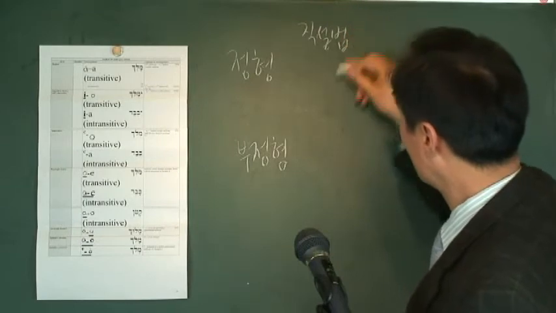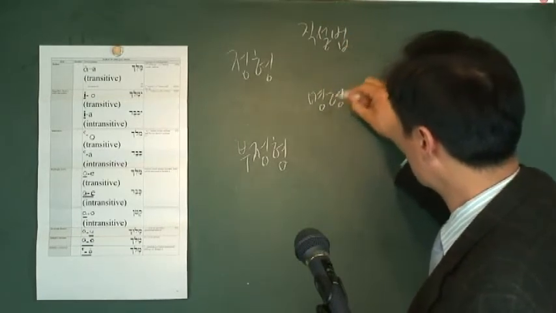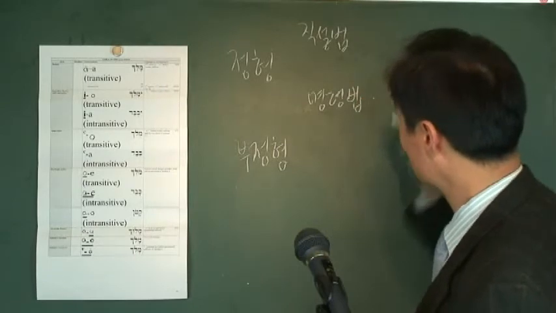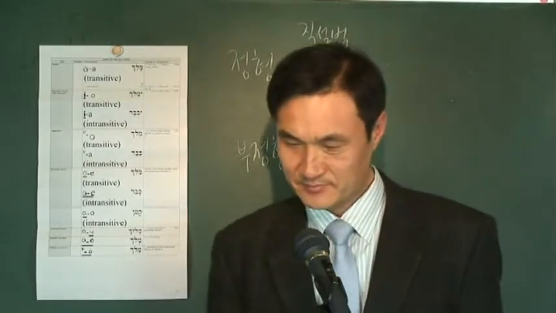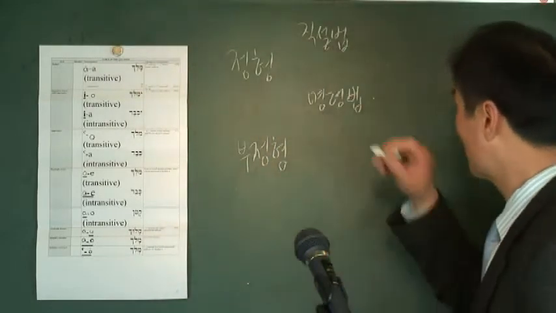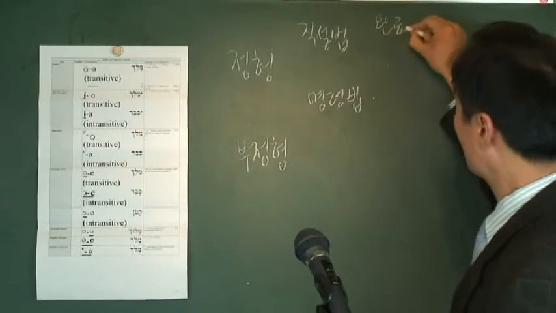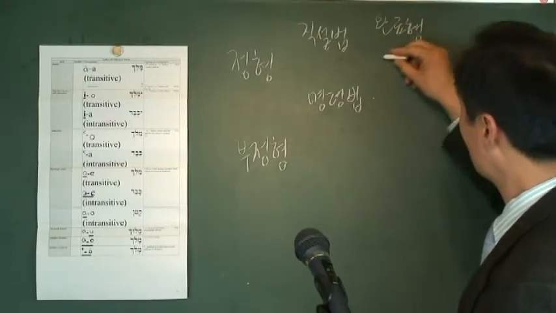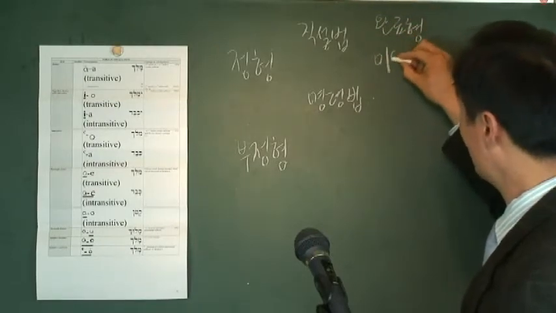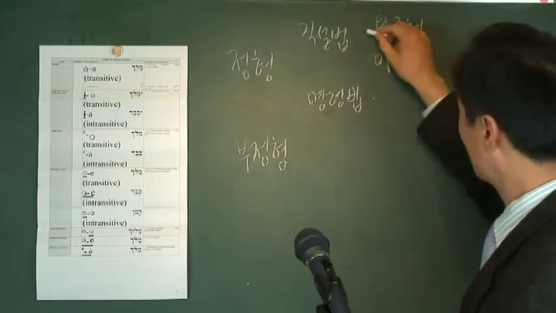Finite forms include indicatives and imperatives. Indicatives consist of the perfect form and the imperfect form.